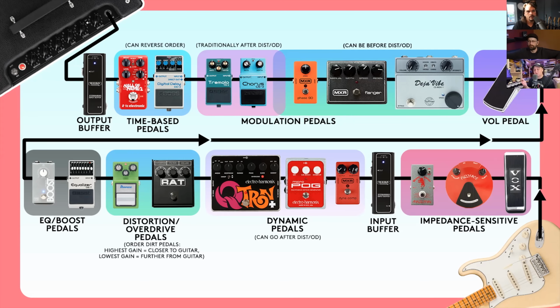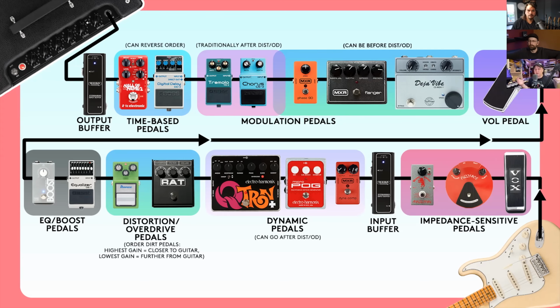Where should my tremolo be in the chain? I've had guys that run them before the overdrives because it's the sound that they want. They like how that modulation sounds hitting the overdrives, and it just changes the overall tone of the pedal and how it reacts.